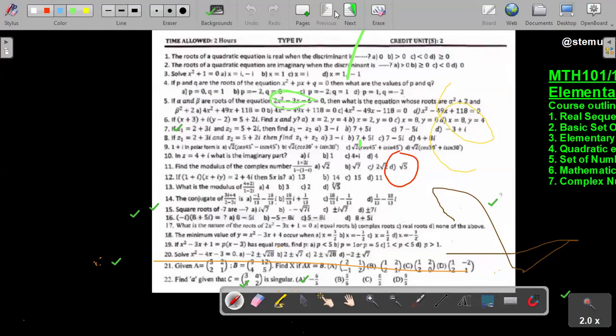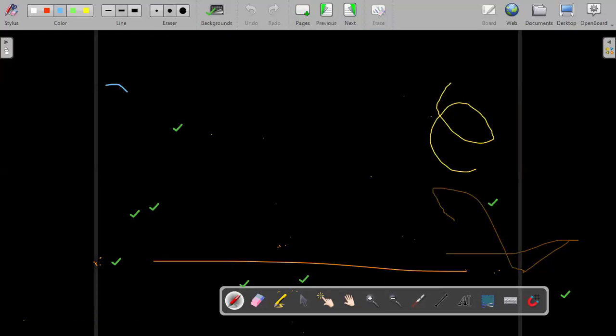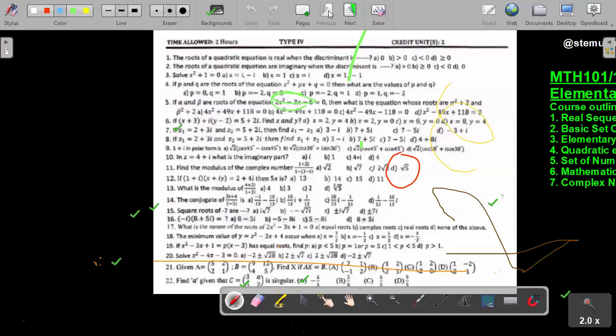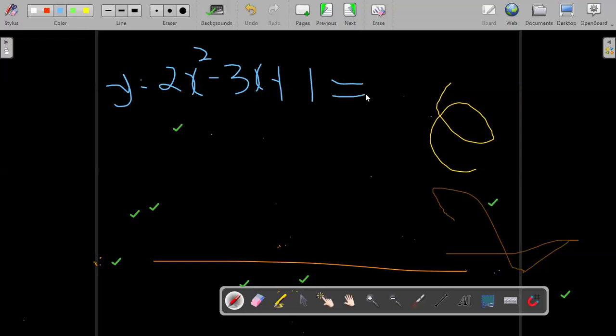The equation is given to us as 2x squared minus 3x plus 1. So we have y equals 2x squared minus 3x plus 1. So how do we get our minimum?